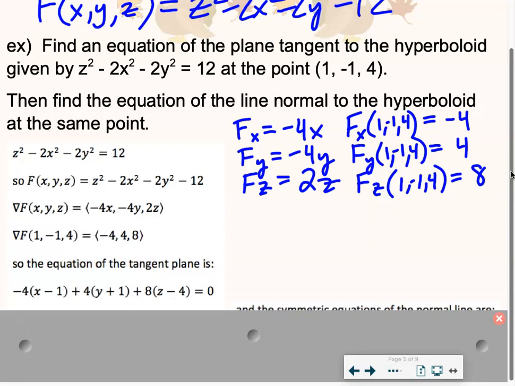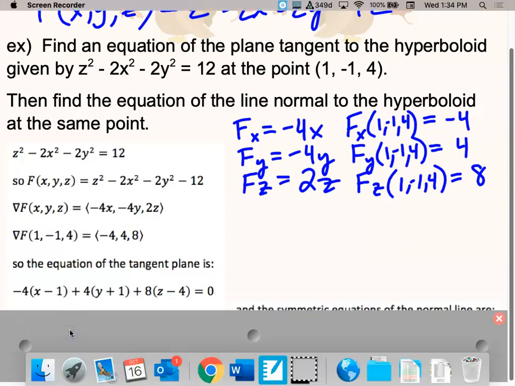First of all, these three numbers right here form the vector that's normal to the surface. And so for the line, we just need that same vector, right? Now you're just writing it as a line, because this vector would be on the line normal to the plane.